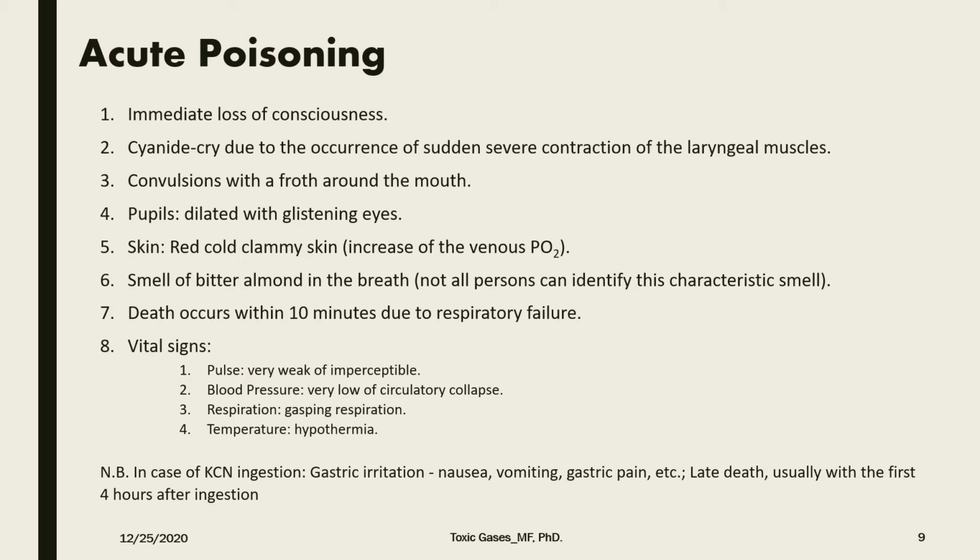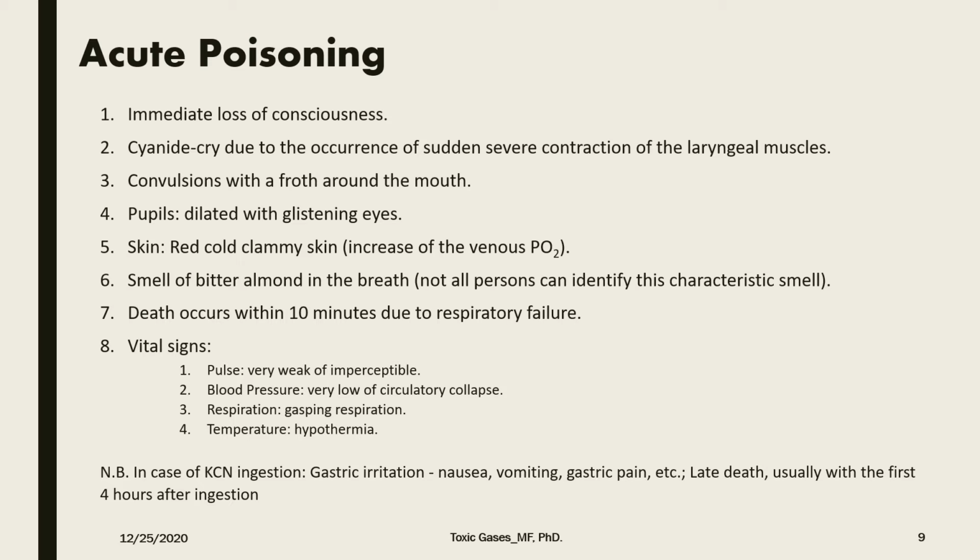If we talk about the vital signs, we will see a weak pulse, hypotension, very low blood pressure because of circulatory collapse, decreased respiration, and hypothermia. In the case of potassium cyanide ingestion, there will be gastric irritation, of course. If the patient can talk, he will complain of nausea and vomiting.